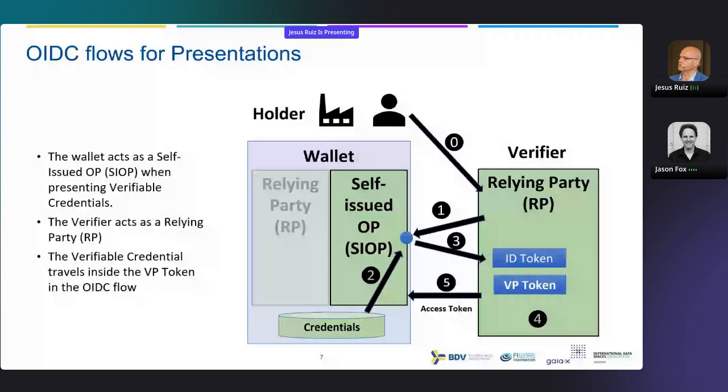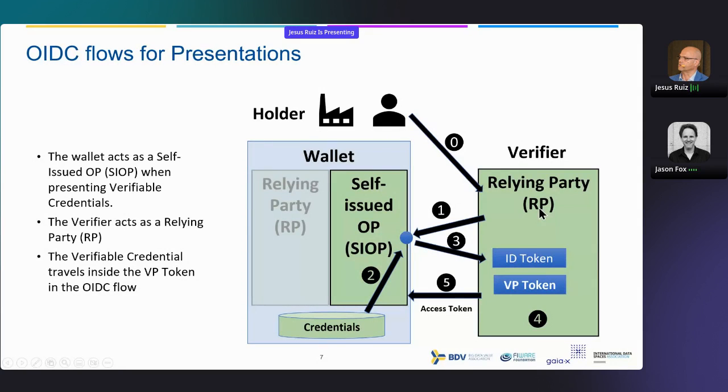Now, having said that, technology can make the exchange of trust more efficient, and then increase trust in the ecosystem. And this is exactly what we are doing. So in this case, two parties that don't know each other, you have the holder, which has to prove something to the relying party.